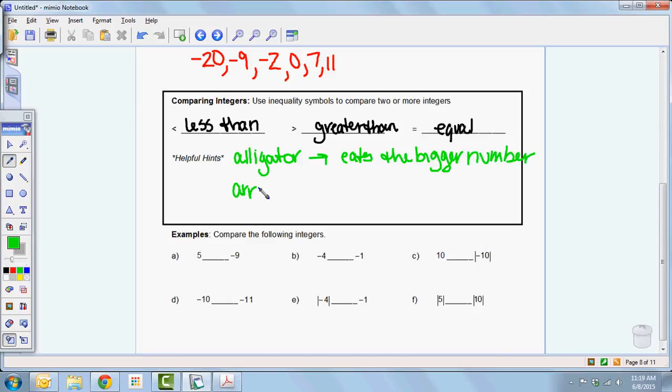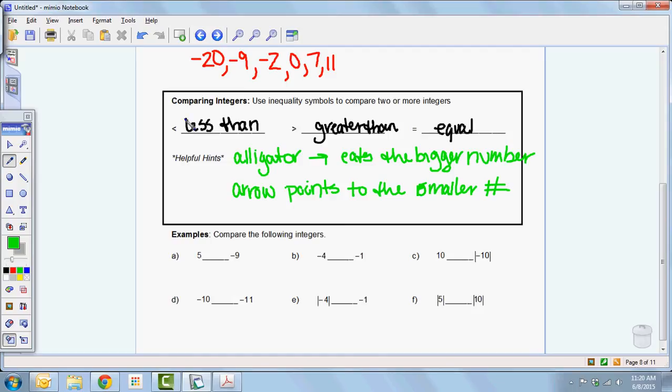Think of it as an arrow, and the arrow points to the smaller number. So if we're looking at these symbols, the number that's smaller would be on this side of the inequality, and the number that's bigger, the alligator is going to eat it.